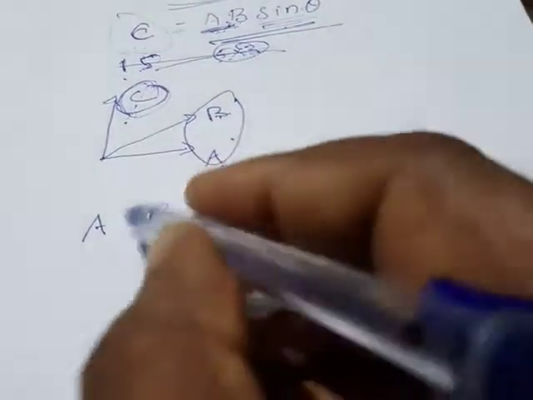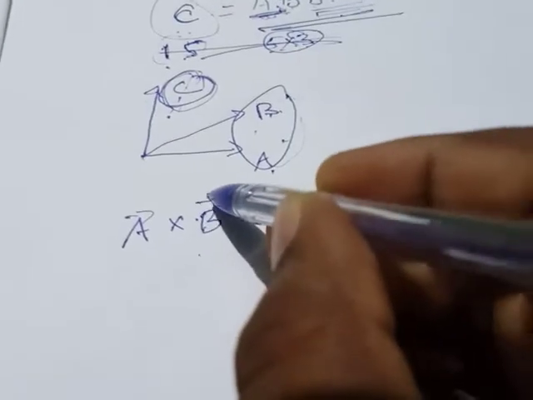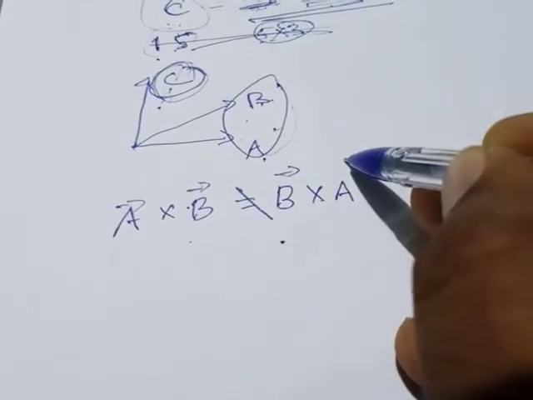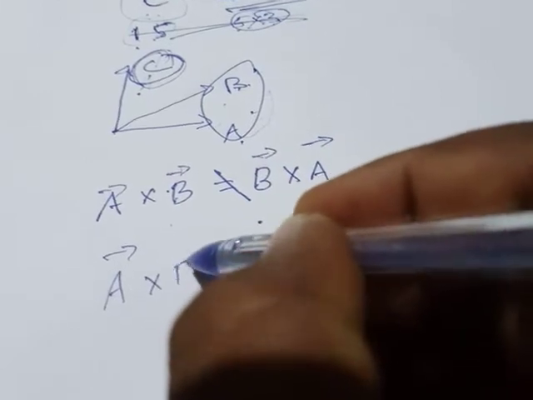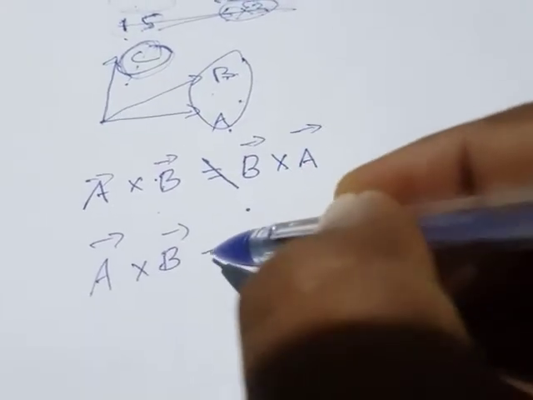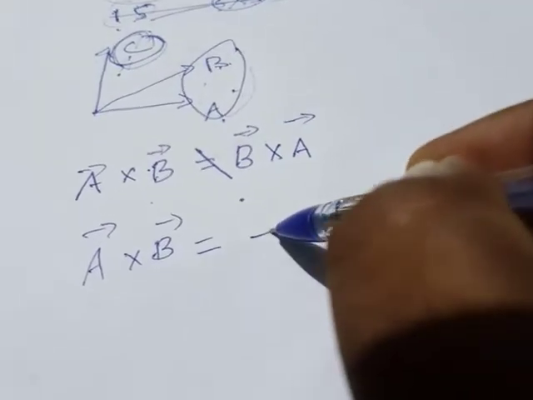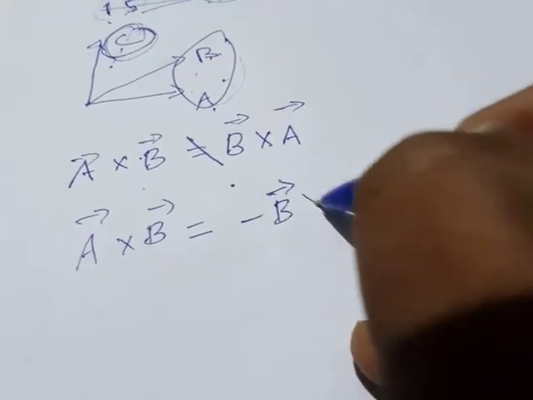But you can write A cross B is equal to minus B cross A.